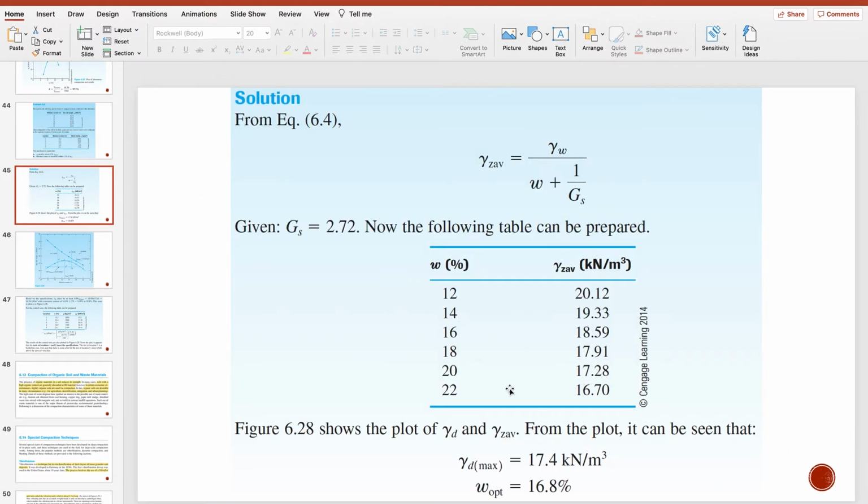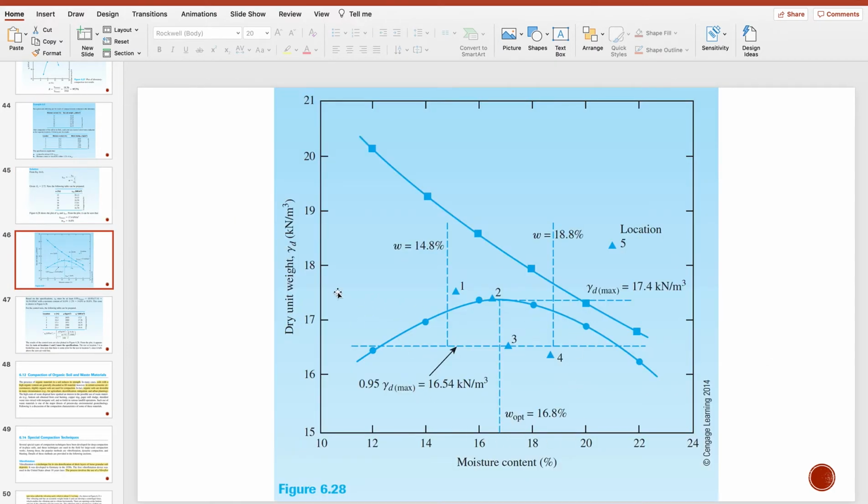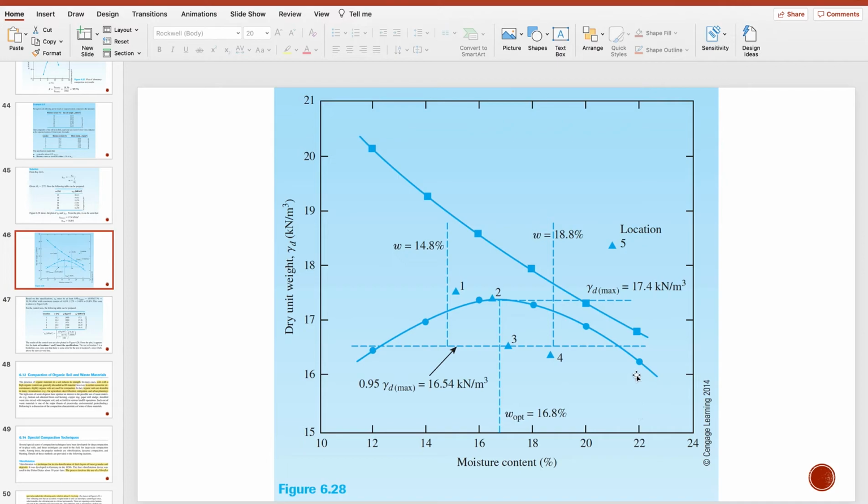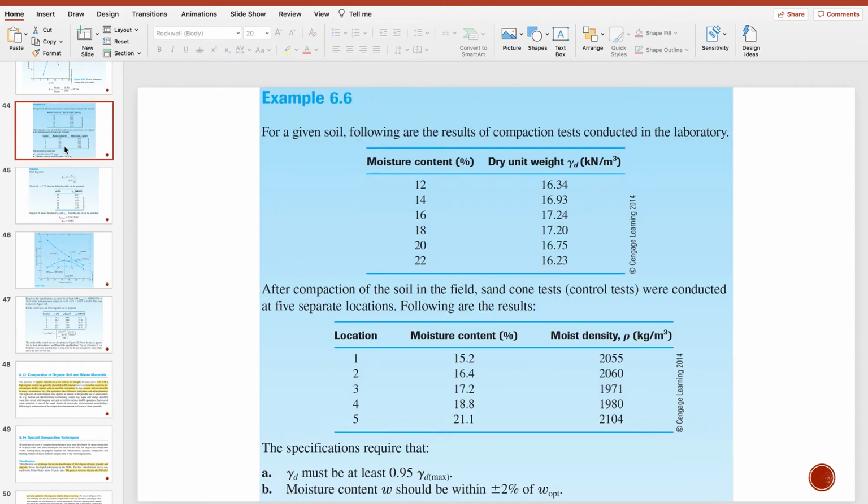Tapos, 20, 17.28. 20, 17.28. Then, 22%, 16.70. 22%, 16.70. Then, connect it by a smooth curve. Okay? Now, ipa-plot naman natin yung una na yung dry unit weight rather.